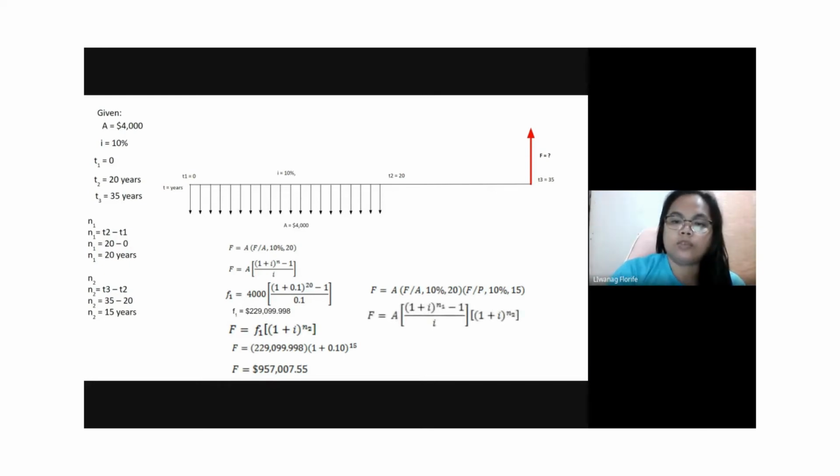So this is the formula: F is equal to A quantity 1 plus i raised to N1 minus 1 over i times quantity 1 plus i raised to N2, where N1 is equal to 20 years, N2 is equal to 15 years, and i is 10%. Substituting this in the formula, we have F is equal to $957,007.55. So this is how we calculate Jack's investment for the duration prior to his retirement.